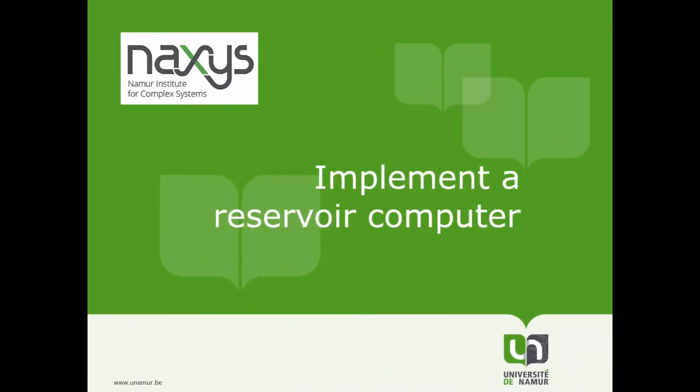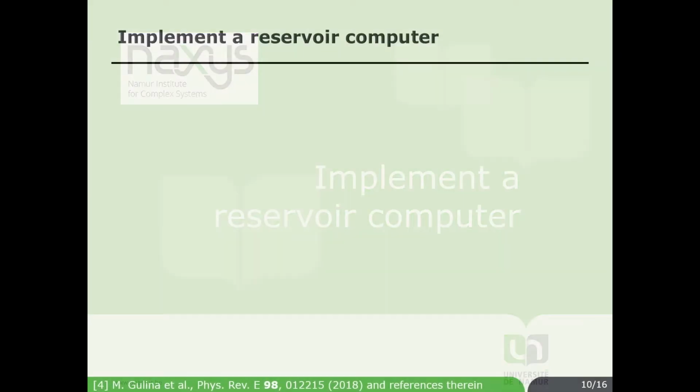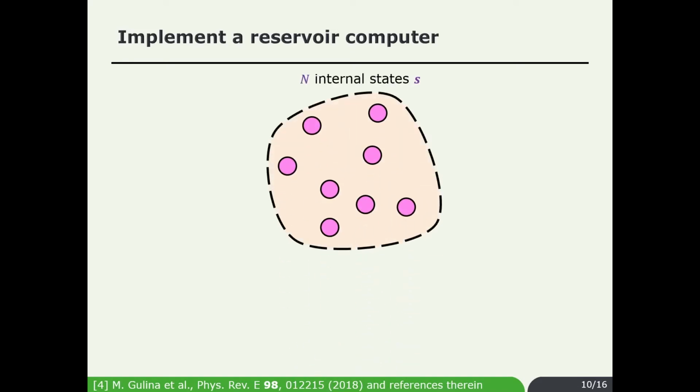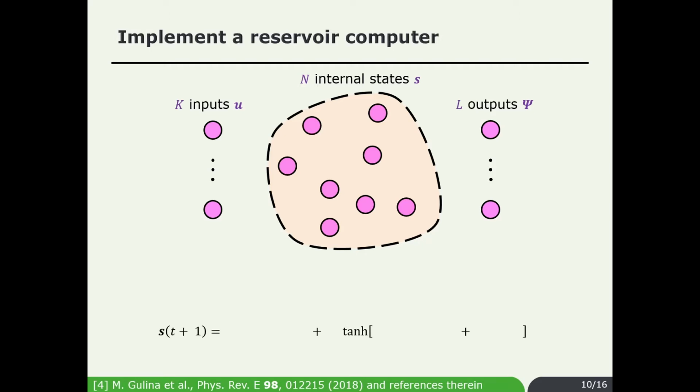Implement a reservoir computer. Before I start to talk about it, I give you another reference that you can read for more details. The reservoir is made of some internal states, some input nodes, and obviously some output nodes. The dynamic of the internal state is given by the following equation composed of two terms. The second one has two contributions.